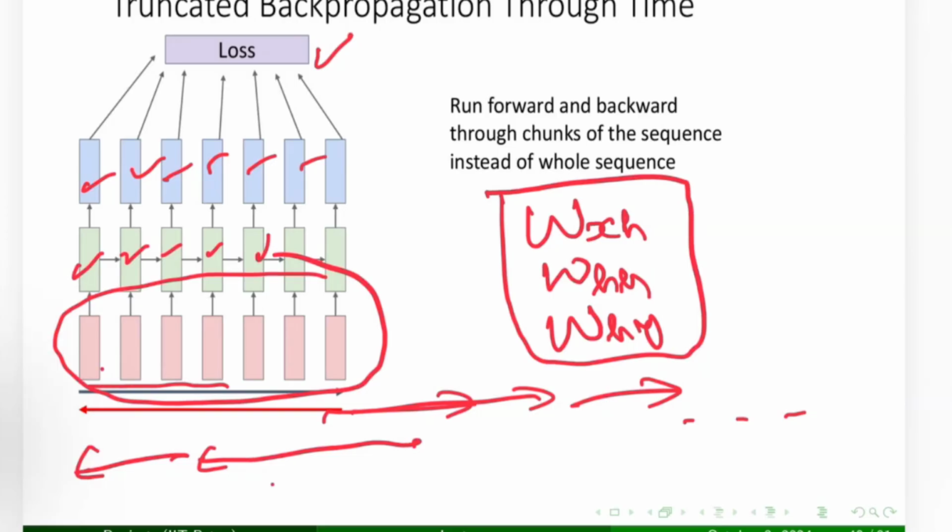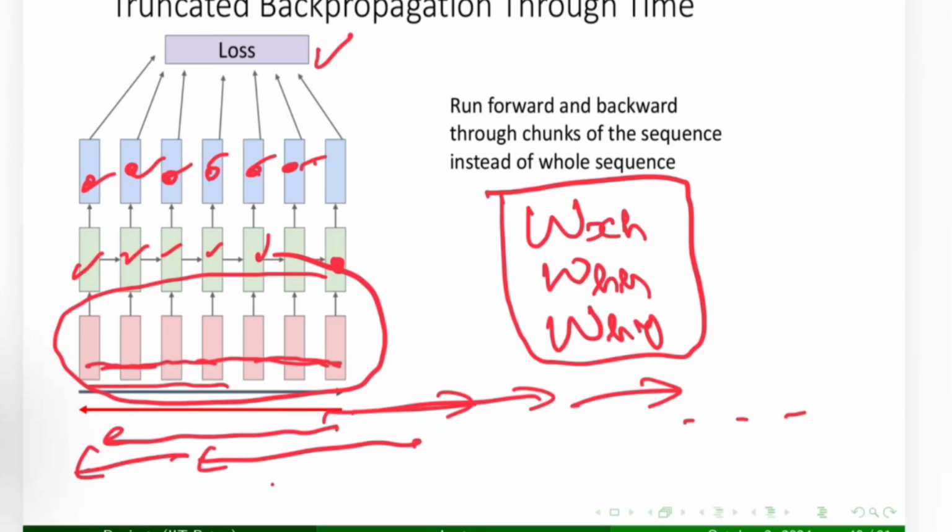We consider all these words sequentially, and once I reach here, I will not go for the other words. Since I got the loss at every state, I find the aggregated loss, and then go back, find the gradient.